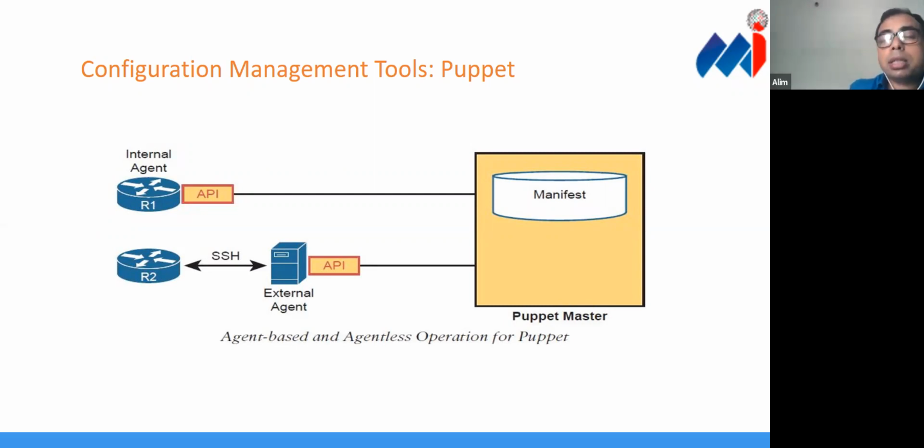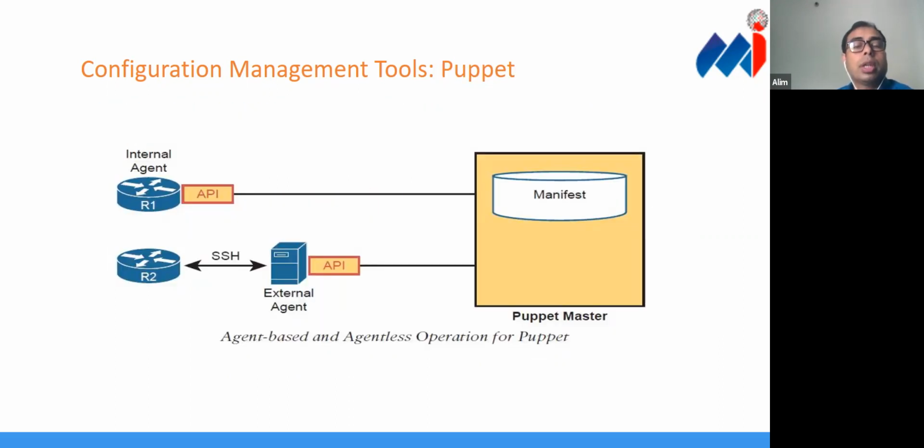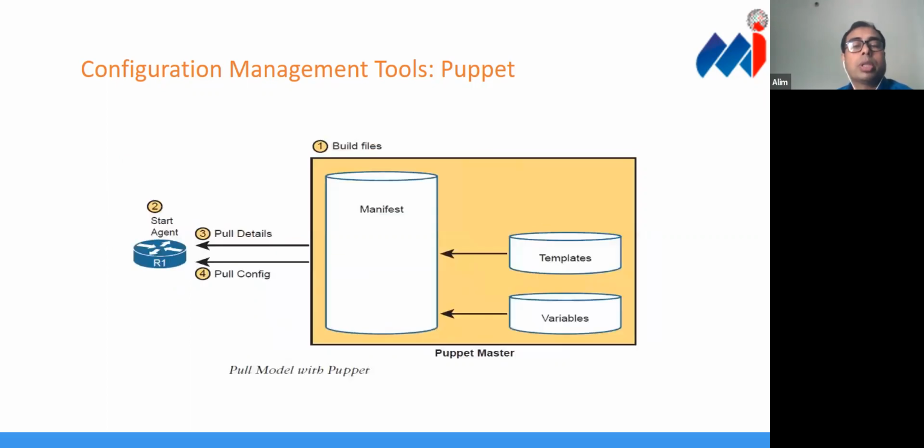Ansible is agentless. Agentless means you don't need to install any software on the device where the script will run. Puppet can be agentless or agent-based, and it works using an API. Ansible is agentless because the SSH server is already in the router or switch, and it just uses that, so it doesn't need to install any agent. An agent means a small piece of software on the device.